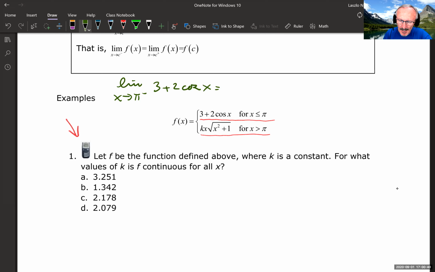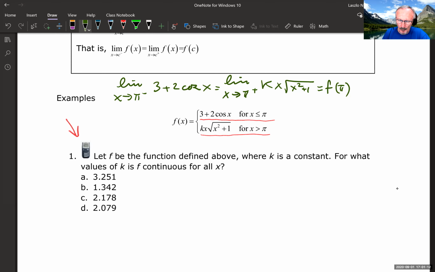And this would have to equal the limit as x approaches pi from the right, and that would be for k times x times the square root of x squared plus 1. And then, of course, this would have to equal f of pi. If these conditions are met, in that case, this is a continuous function for all real numbers. And it is a calculator problem, mercifully.